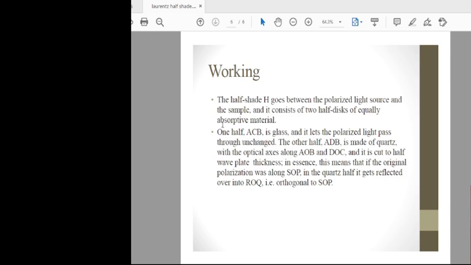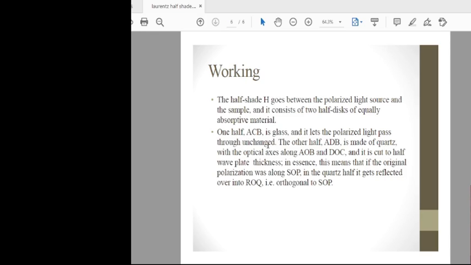In the half shade, H goes between the polarized light source and the sample, and it consists of two half discs of equally absorptive material.